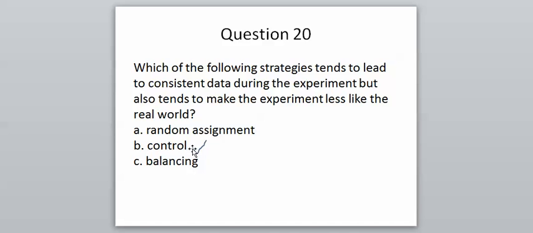For example, if you're controlling the noise level, you would make sure that the noise level never changes. Or if you're controlling temperature, then you would make sure that temperature never changes. But in the real world, things like noise and temperature do change. So if you control them, you're making the experiment less like the real world.